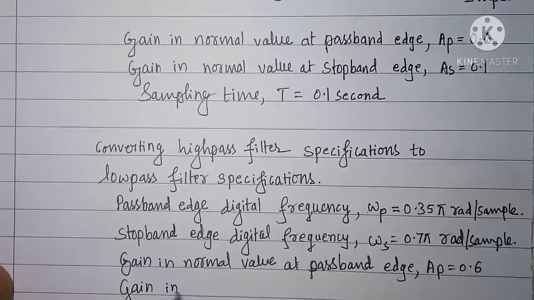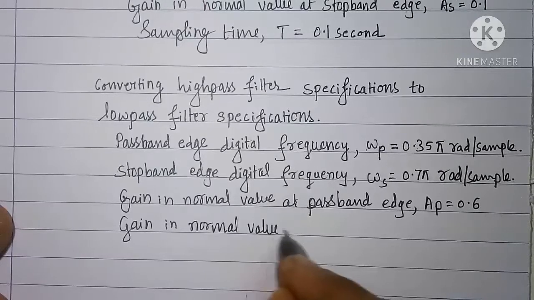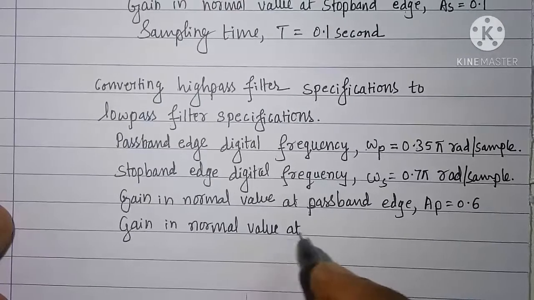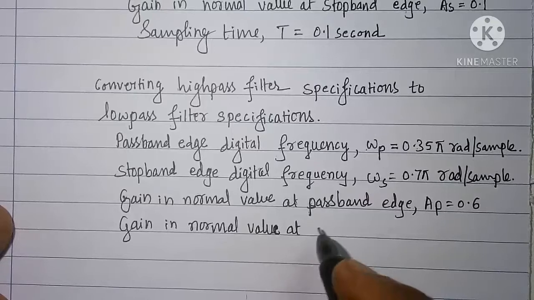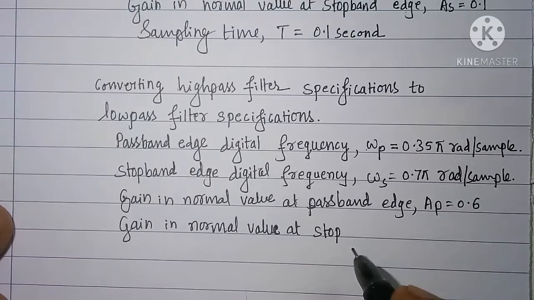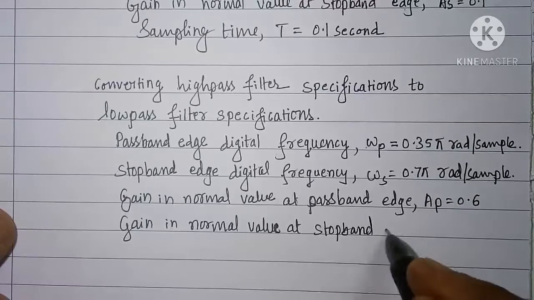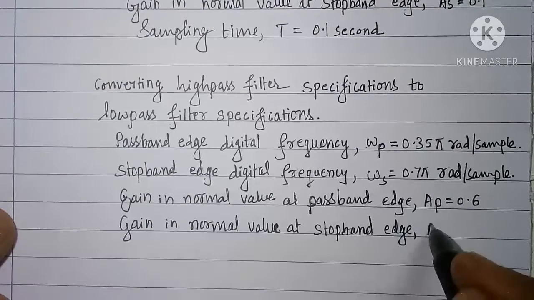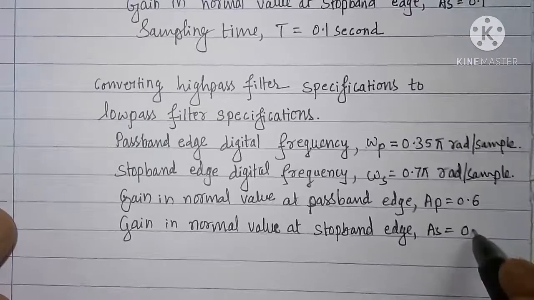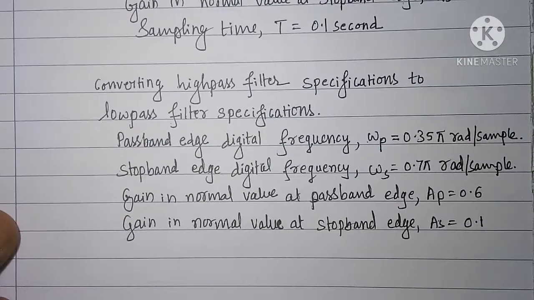Similarly, gain in normal value at stopband edge AS is equal to 0.1.